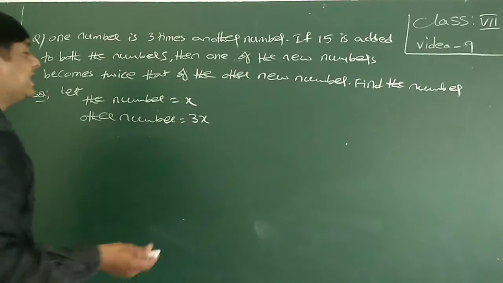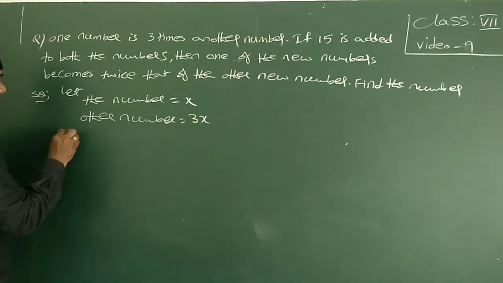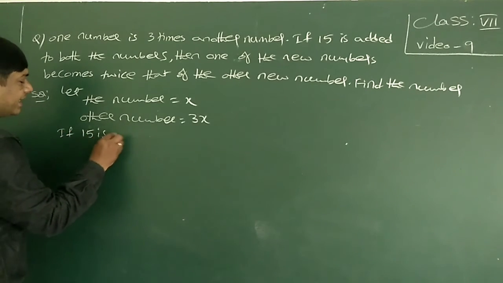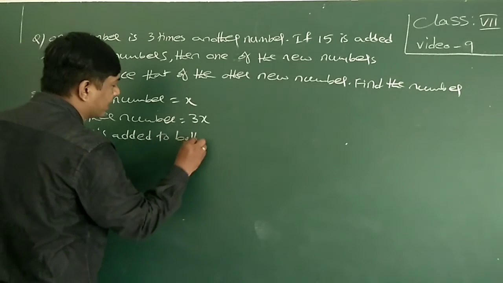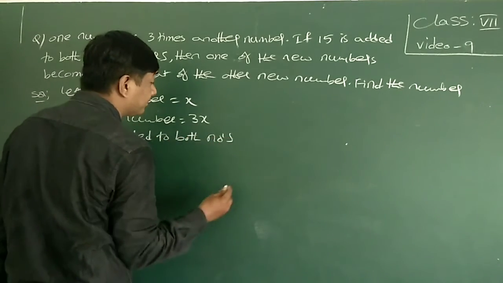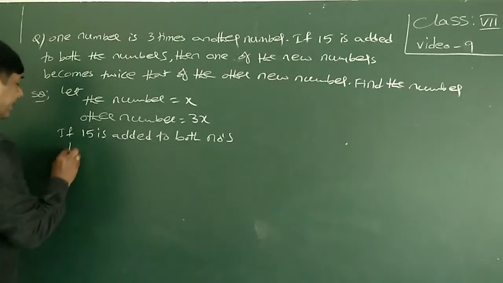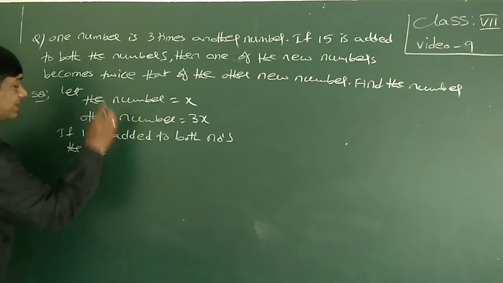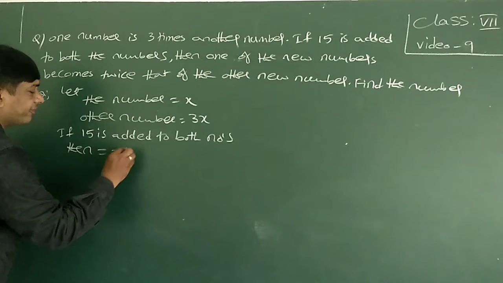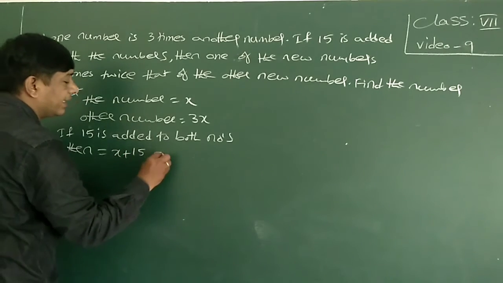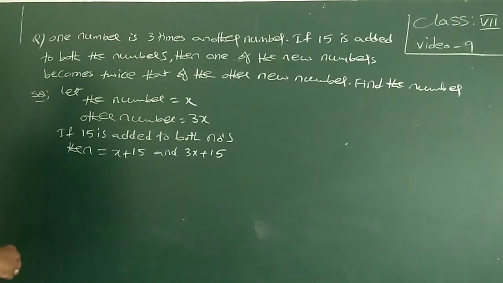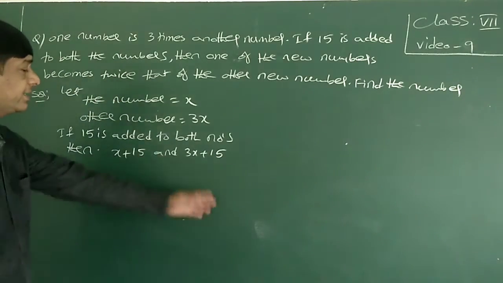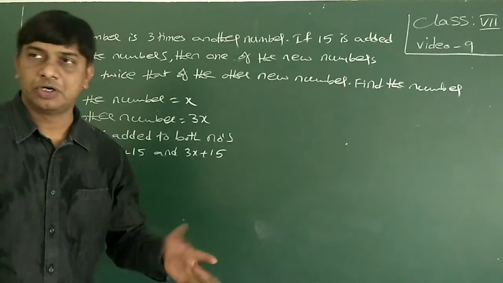Now, if 15 is added to both numbers, what happens here? x plus 15 is one number and 3x plus 15 is the other number.